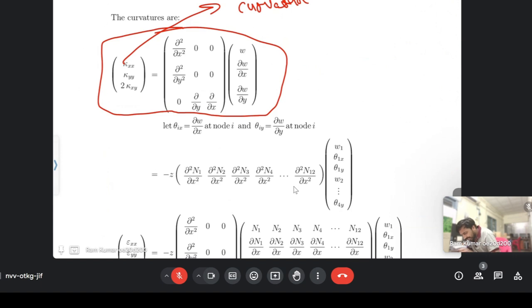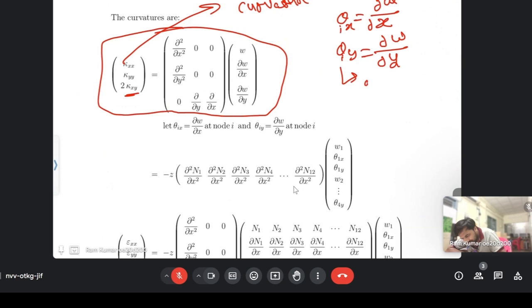So this is x, y, and gamma xy. Let theta x equal del w by del x in the x direction, and theta y equal del w by del y in the y direction, at the ith node, at node i.